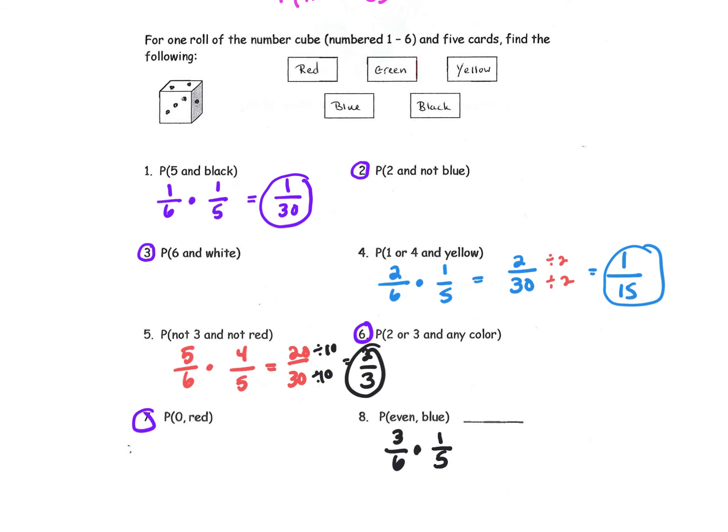And again, 3 out of 6 we could reduce to 1/2, which would make our lives easier if we reduce before we multiply. Or we can multiply straight across and get 3 out of 30. And now, when we reduce afterwards, we're just working with bigger numbers. 3 divided by 3 would give us 1, and 30 divided by 3 would give us 10.